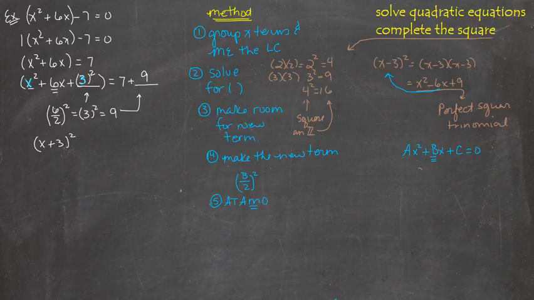I created a perfect square trinomial, and then I just popped it into whatever binomial I needed that to be. And the reason I know x plus 3 is I created the 3 special to make a perfect square. I just did what I needed to do, and it was all okay because I did it to both sides, so we're good to go. So let me finish up here. X plus 3 squared equals 7 plus 9 is 16.